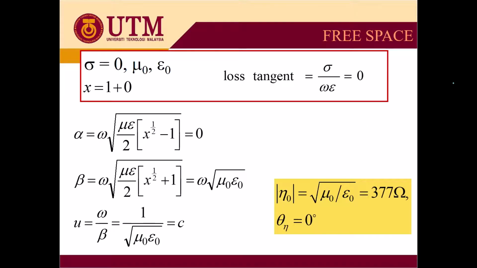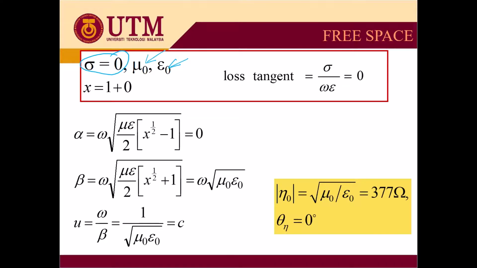For the case of free space media, sigma is still zero because there is no conduction current in free space. Conduction current cannot flow in free space, as we know. The difference is only that we have mu equal to mu naught, because mu r and epsilon r are equal to 1.